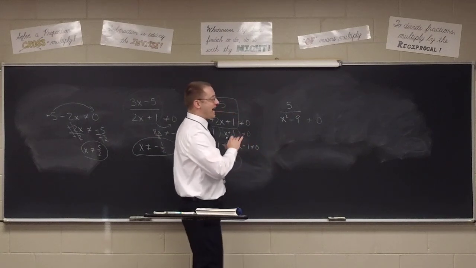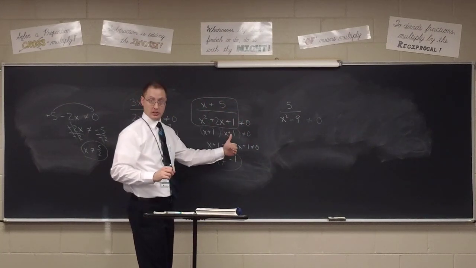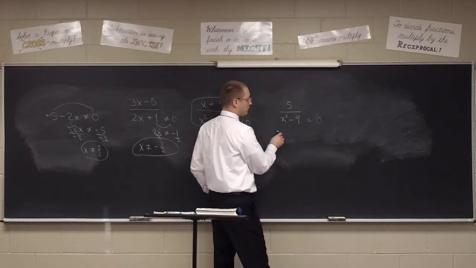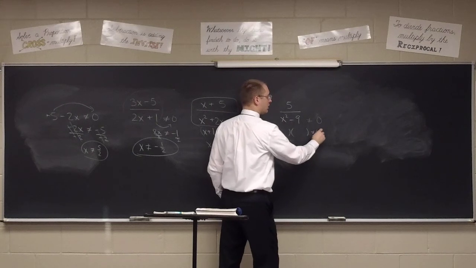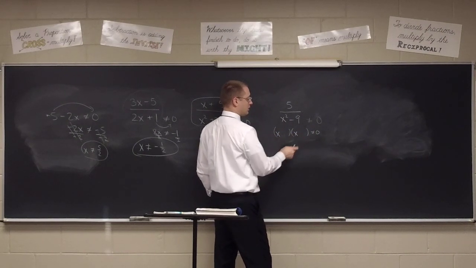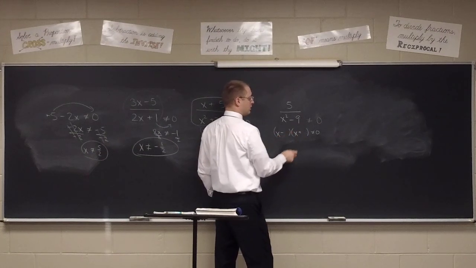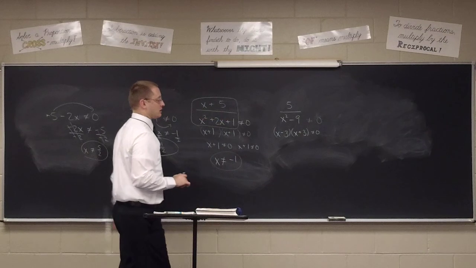It's quadratic, right? Because of the squared. So instead of bringing the 9 over, let's factor it instead. There we go, into a sum and difference, x negative 3, x positive 3.